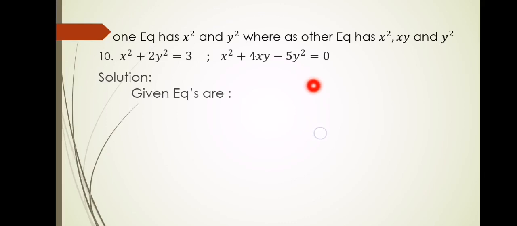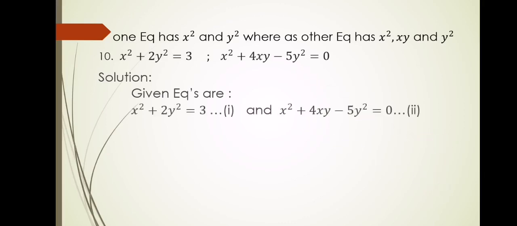So, for solving such sums, we first simplify the equation containing x square, xy and y square. Here our equation number 2 is x square plus 4xy minus 5y square is equal to 0.